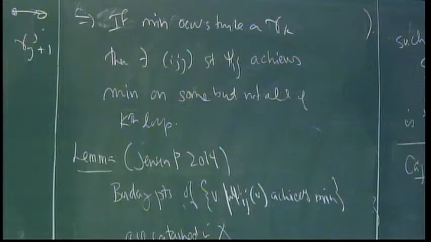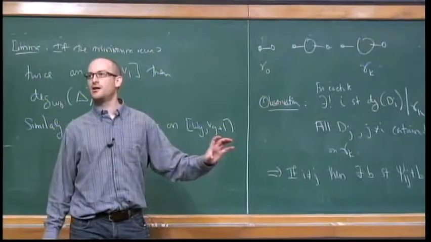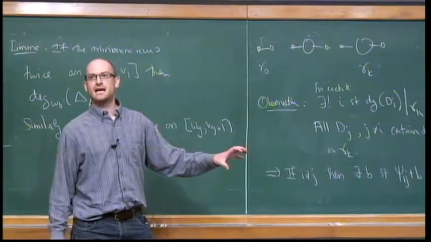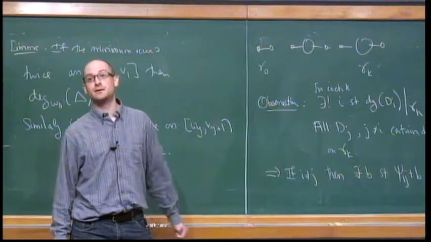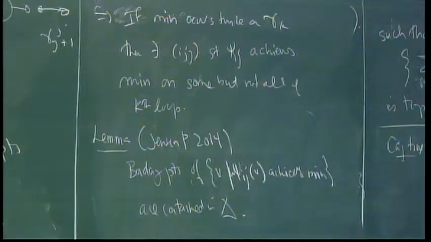And so now, since we have some psi ij that achieves the minimum on some but not all of the loop, then the locus where it attains the minimum has at least 2 boundary points. And those boundary points must be contained in delta.